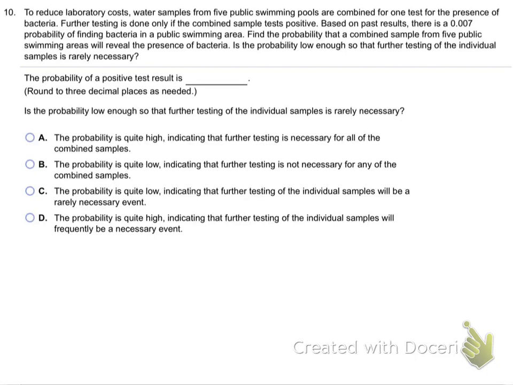Number 10. To reduce laboratory costs, water samples from 5 public swimming pools are combined for one test for the presence of bacteria. Further testing is done only if combined samples test positive. So do you get what they're saying?